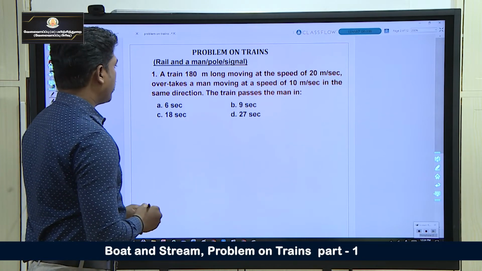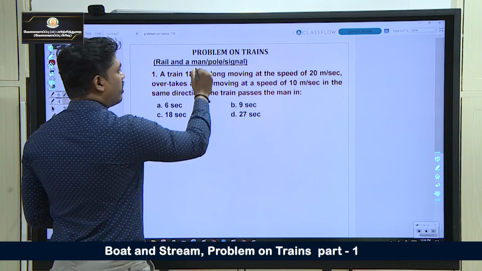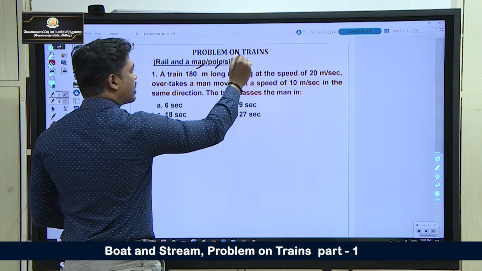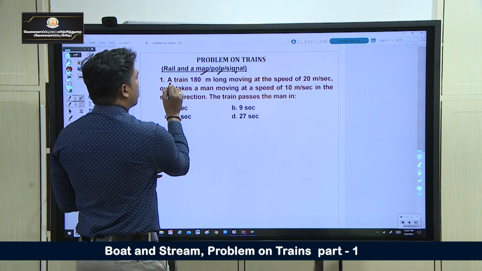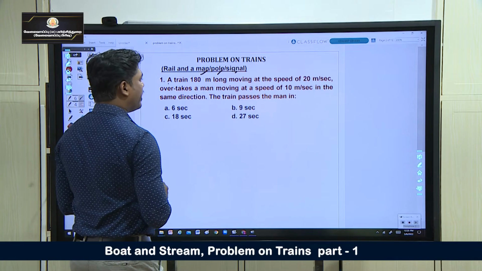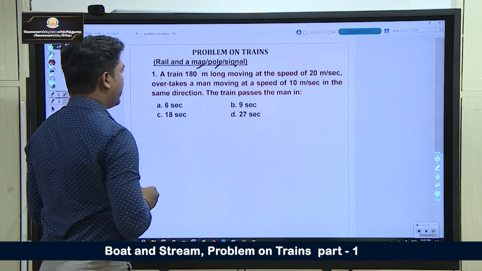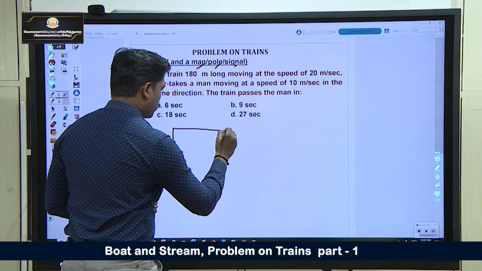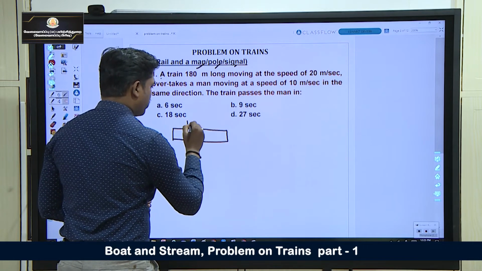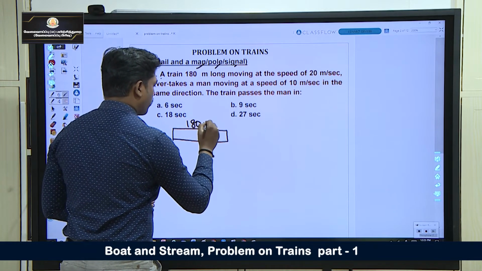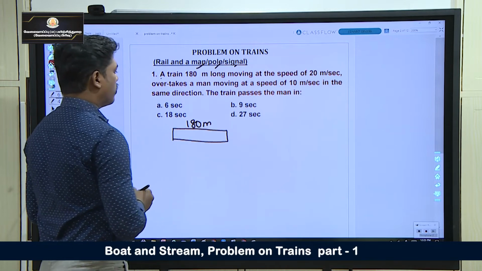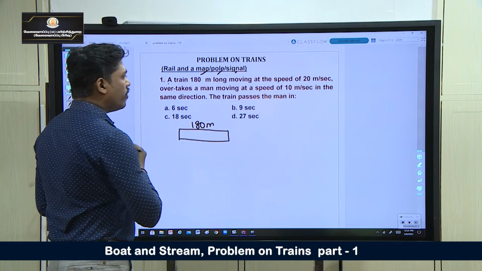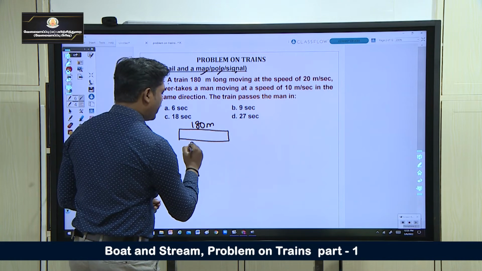Okay. Look at here. This problem is based on a man, a pole, a signal. So here a train is 180 meter long. It is moving at a speed of 20 meter per second.